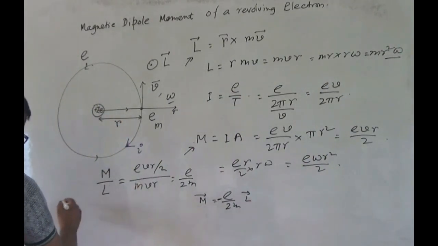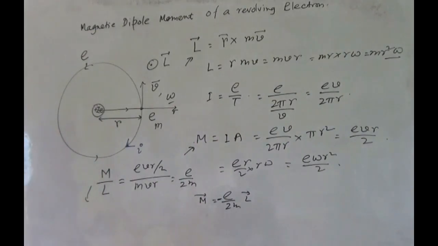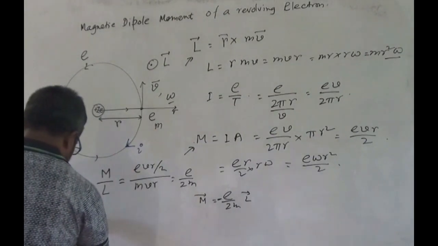And this ratio M by L, that is the ratio of magnetic dipole moment and angular momentum, is called the gyromagnetic ratio.